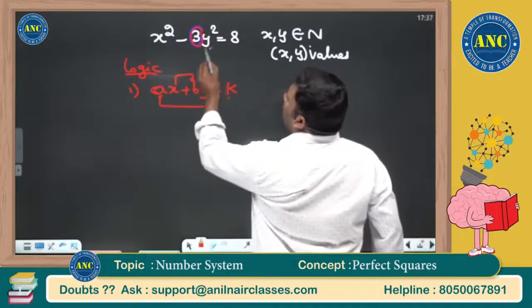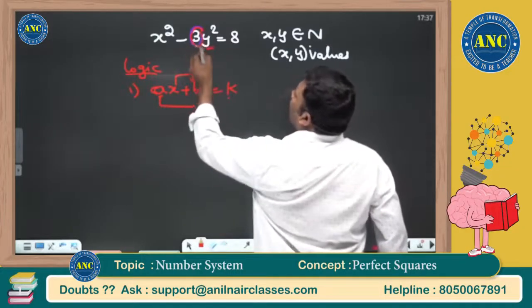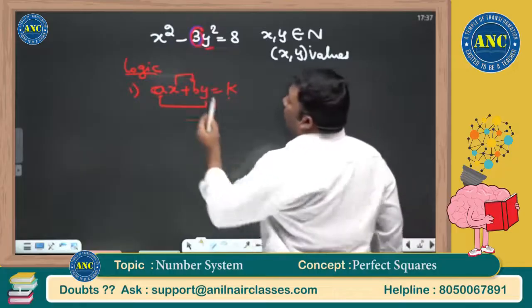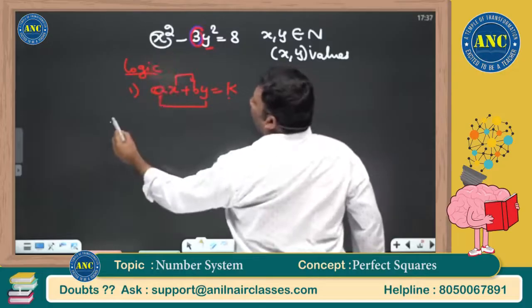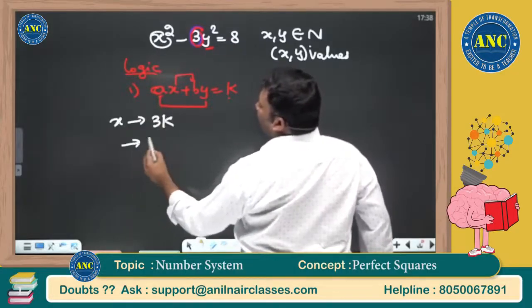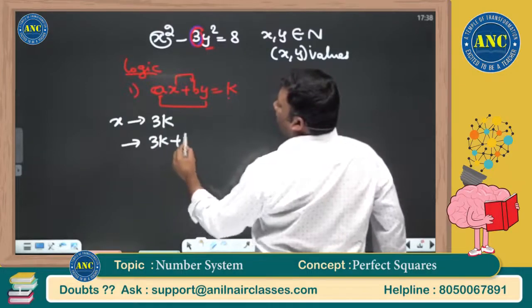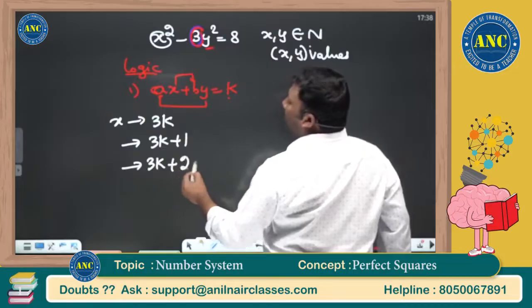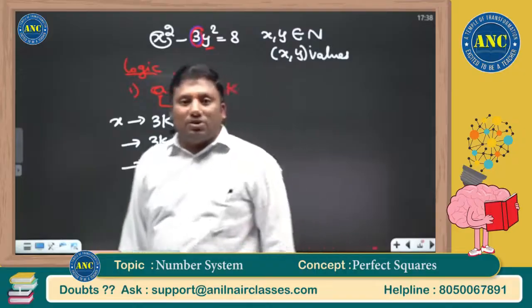Now see here. What is the coefficient of y square? It is 3. So, if you divide any number by 3, either it will be perfectly divisible by 3, or it gives a remainder 1, or it gives a remainder 2. If you divide any number by 3, 3 cases are possible.